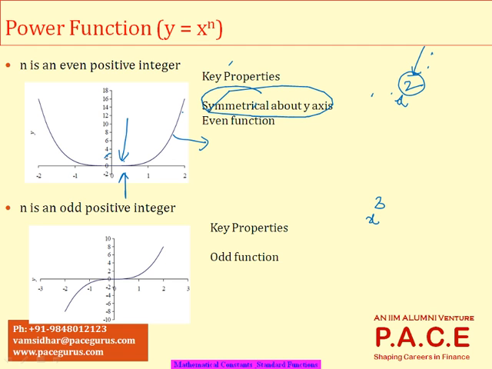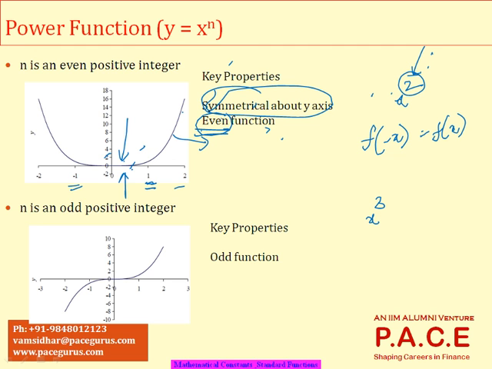And when you find things like that, we call such a function an even function, which means f of minus x is the same as f of x, which means the value corresponding to all negative values of x is the same as their corresponding positive values of x.